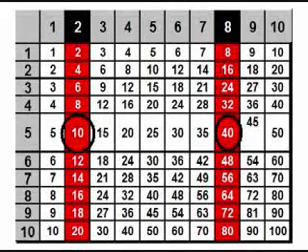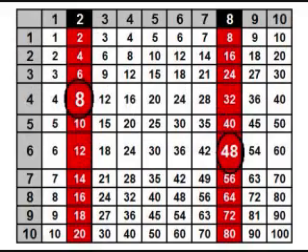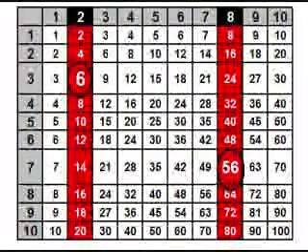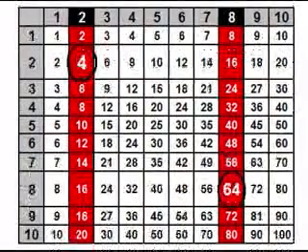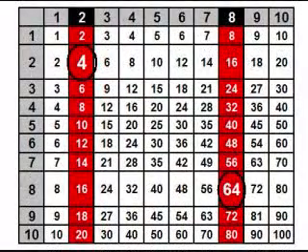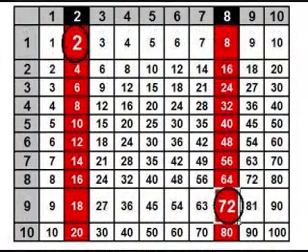Here we're looking at the 2's and 8's columns. We're going to move up in the 2 column and down in the 8 column from the middle row at the 5's. We're looking first at 8 and 48, 6 and 56, 4 and 64, 2 and 72.